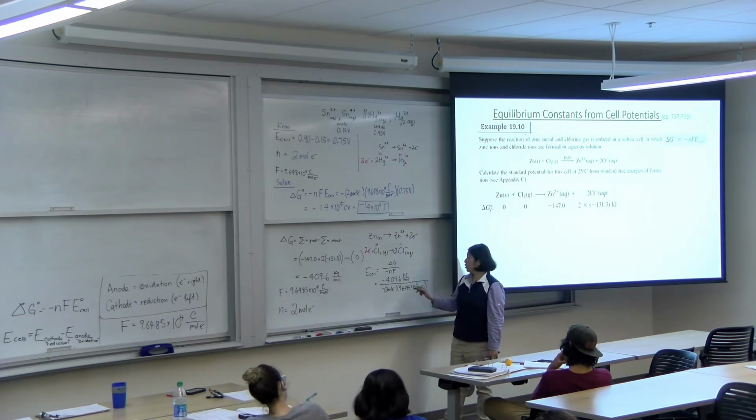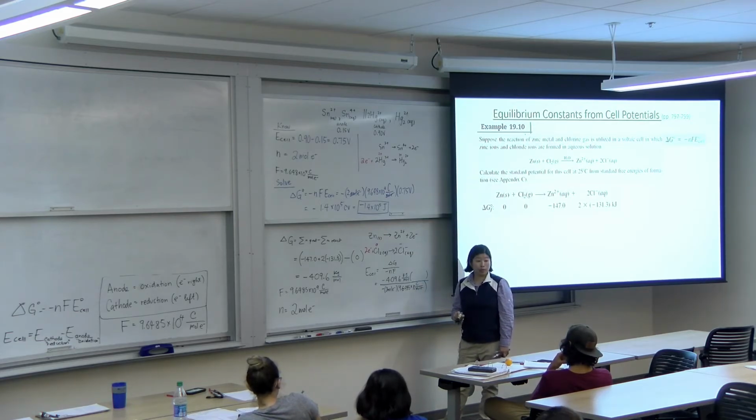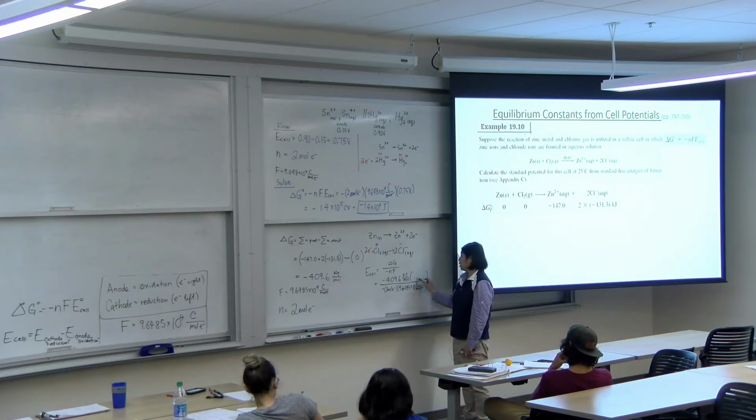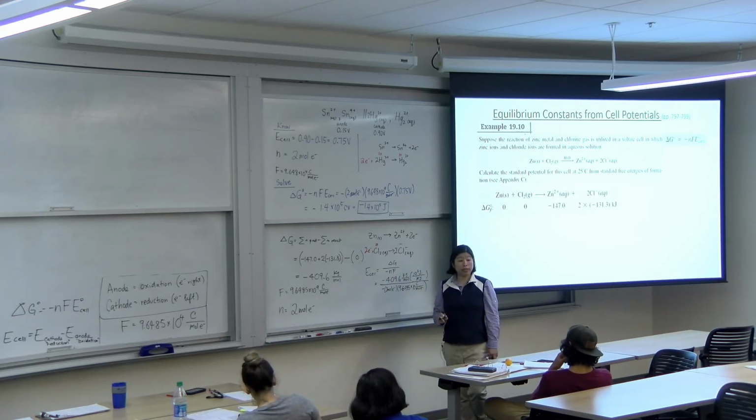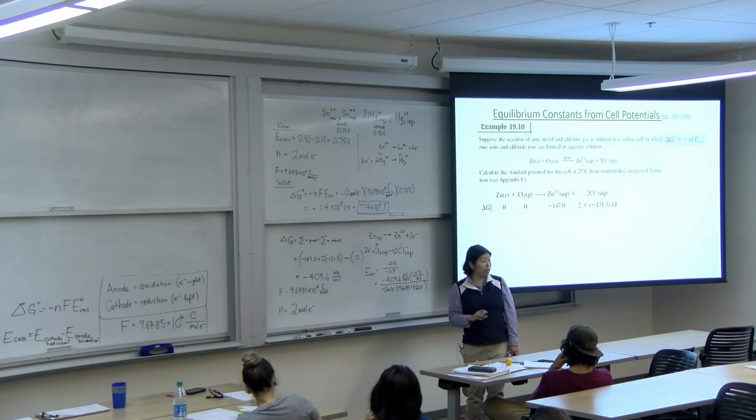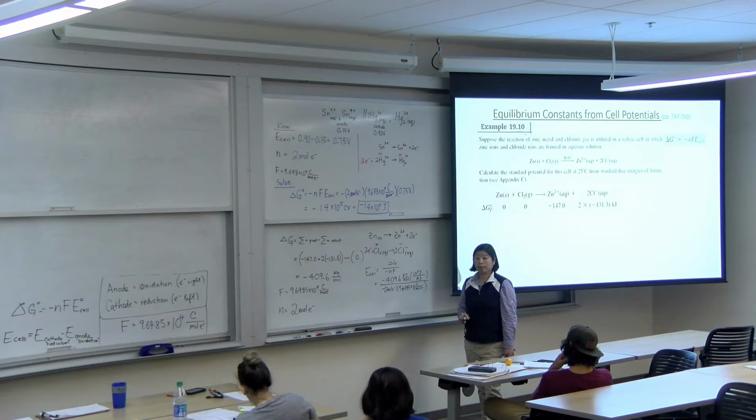So I can't use kilojoules. I need to convert it to joules. So really I need to go kilojoules, 10 to the third joules, because my original equation is in joules. For me to do any kind of math, I need to be in the same units.